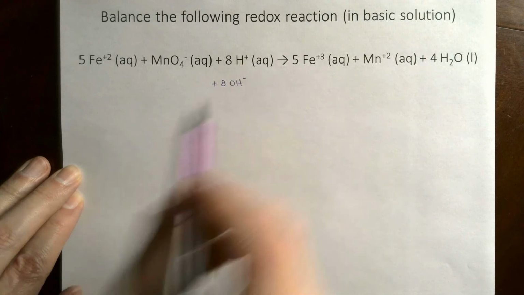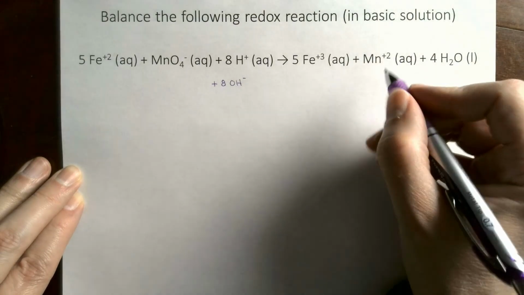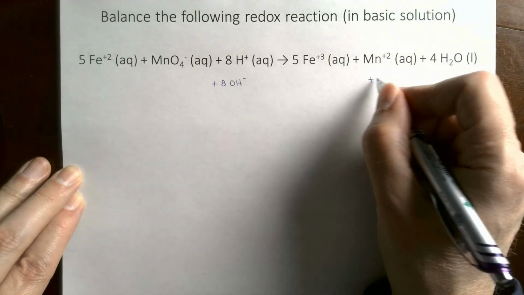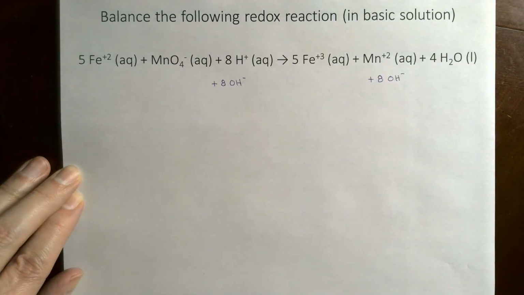And those H+ and OH- would react together to produce 8 water molecules. Now, we know if we add something to the left-hand side of a chemical reaction, we have to add it to the right-hand side too, same as if we were working with a mathematical expression. So we can't just add the 8 OH- to the left, we've got to add it to the right-hand side too.